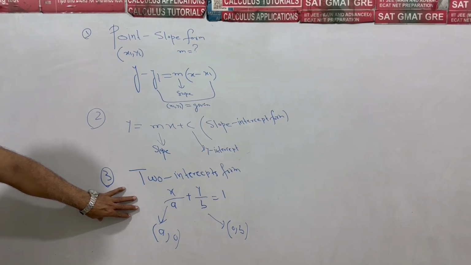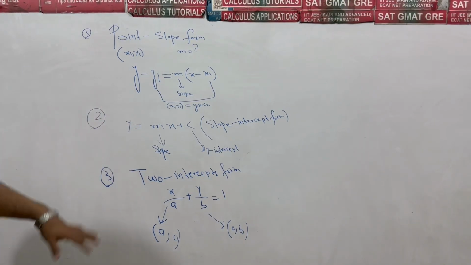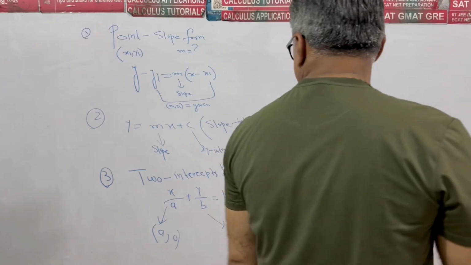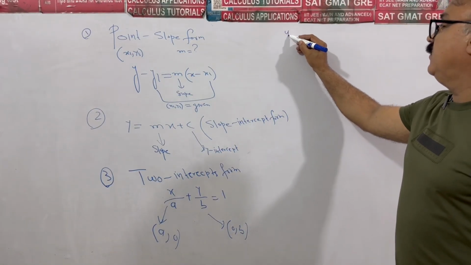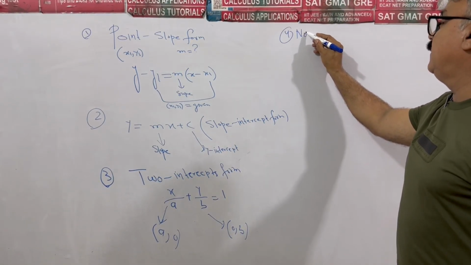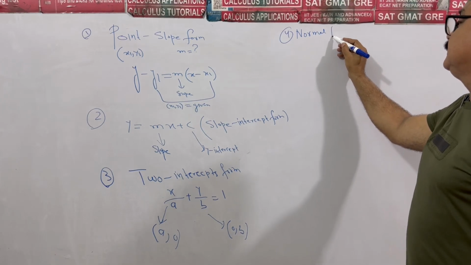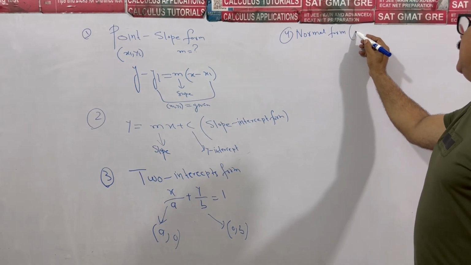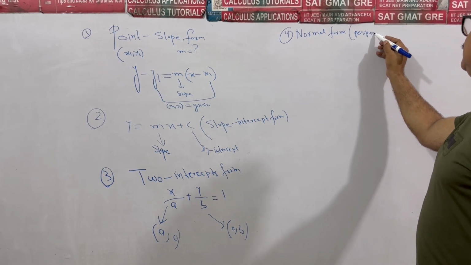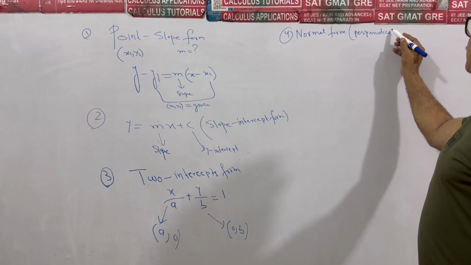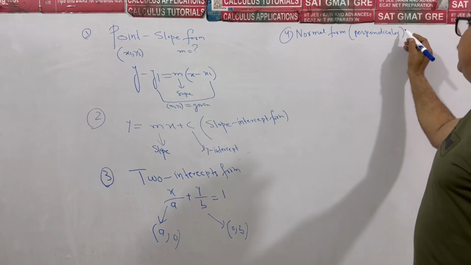Two intercept form, slope intercept form, point slope form, and eventually the normal form or perpendicular form. Fourth one, normal form, or perpendicular form.